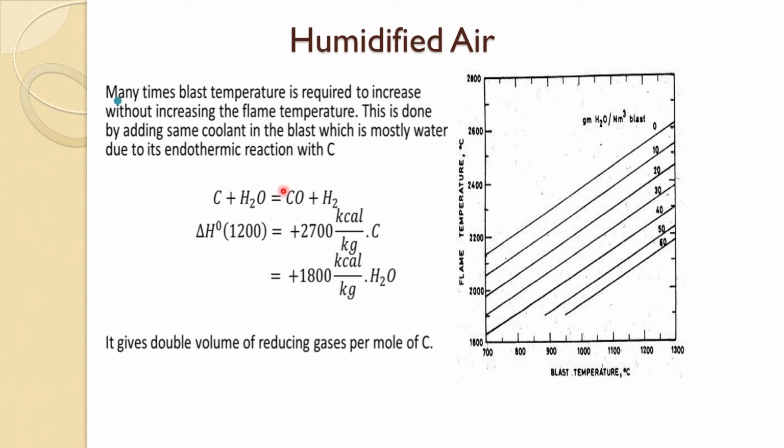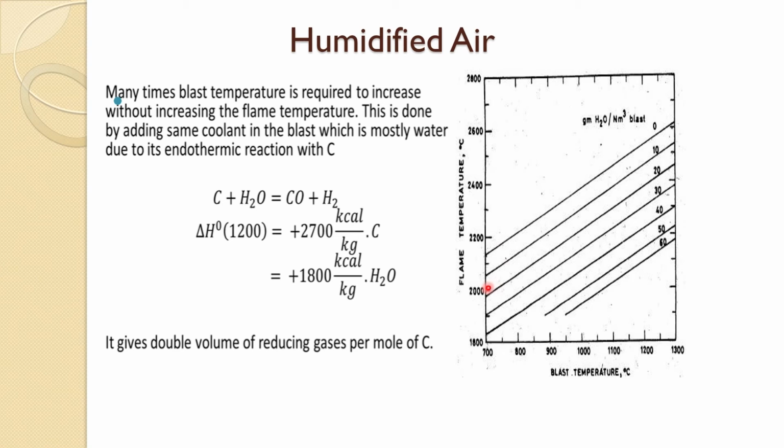So, your reducing power increases, and because it takes heat, it is an endothermic reaction, also called the water shift reaction. And as you can see, as you increase the water content, your flame temperature decreases, or you can have a blast temperature decrease to maintain the same flame temperature.